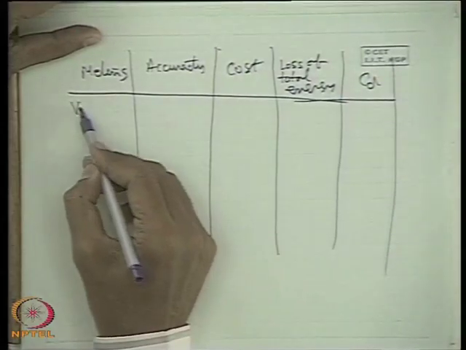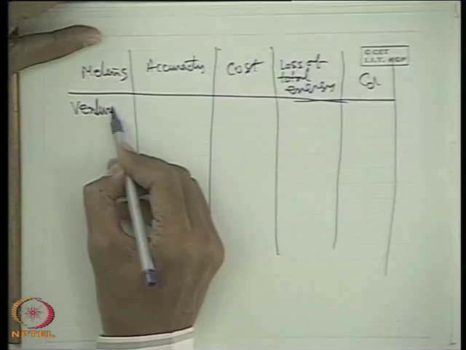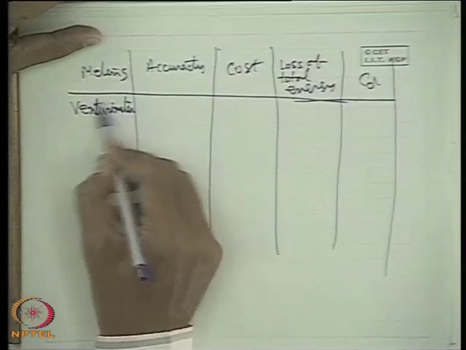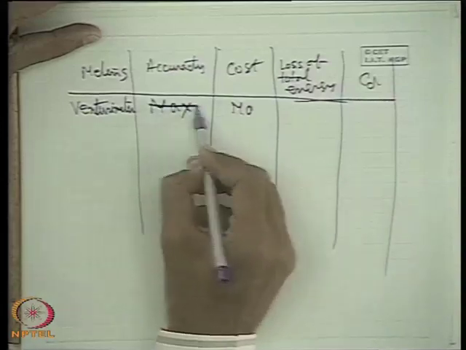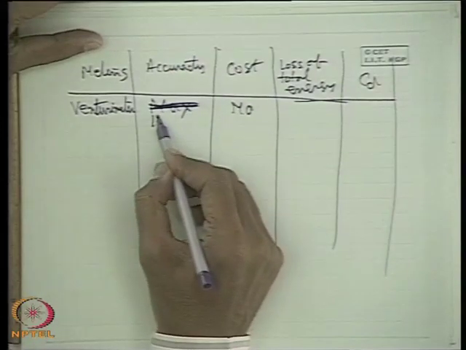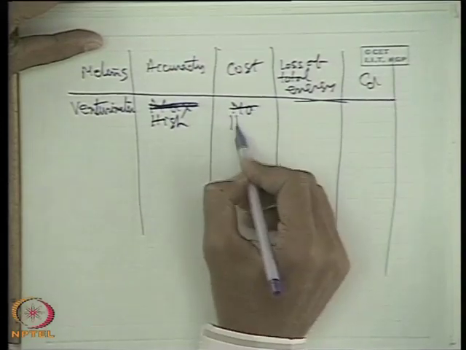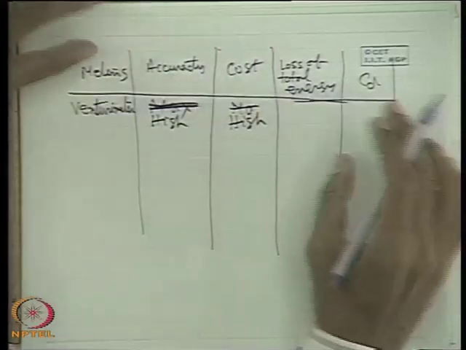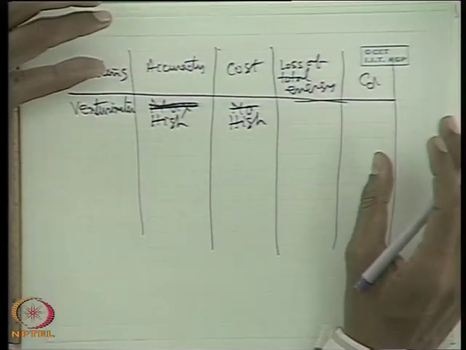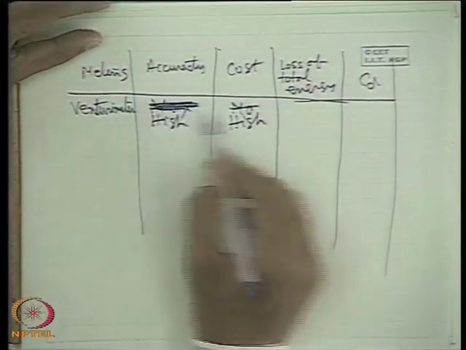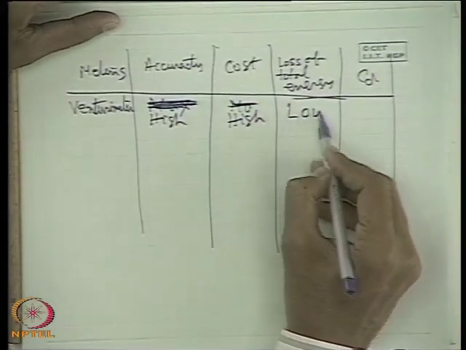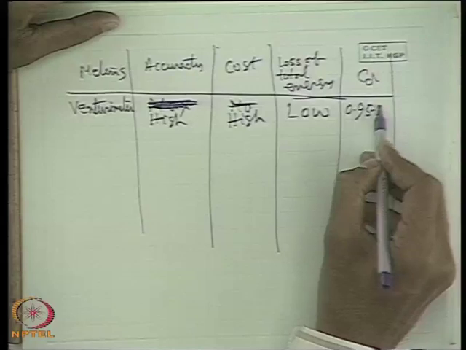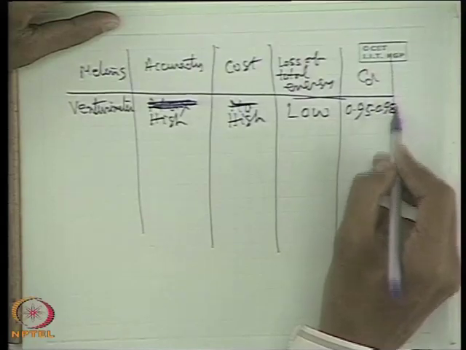First you write the venturimeter. Venturimeter accuracy is maximum. Cost is also high. To make a venturimeter, the length is very high in the divergent part, and it is made of brass, so the cost is very high, loss of energy is very low, and the CD value is 0.95 to 0.98.